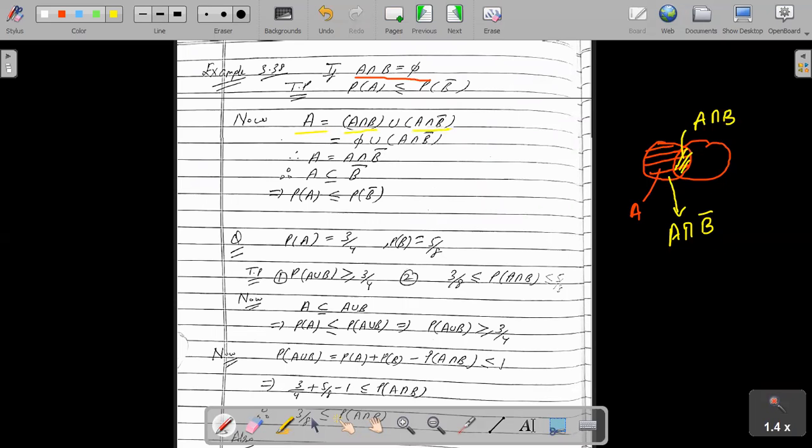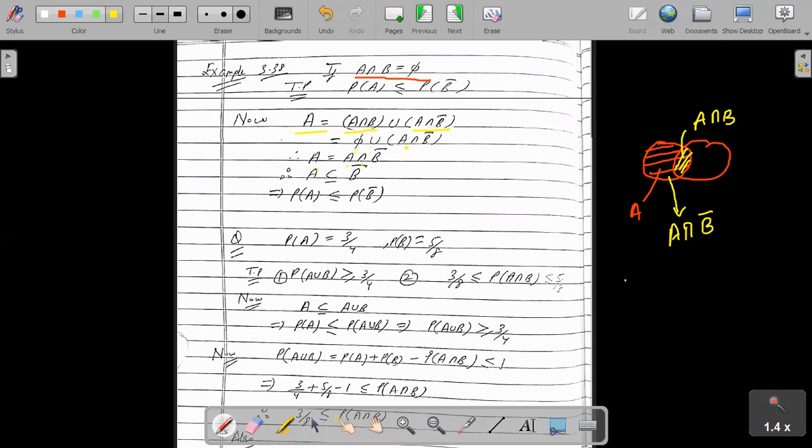And A intersection B is given to me as phi. So phi union A intersection B complement. And we know that if we take the union of any set with phi, the union is the set itself, so there will be no change. So A is equal to A intersection B bar.